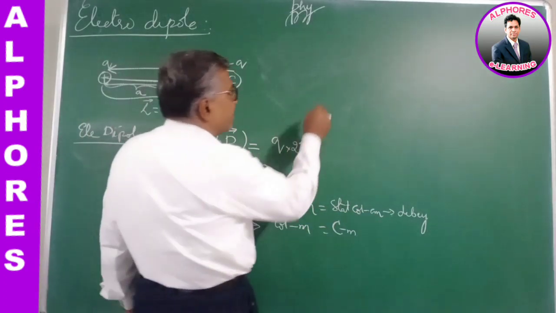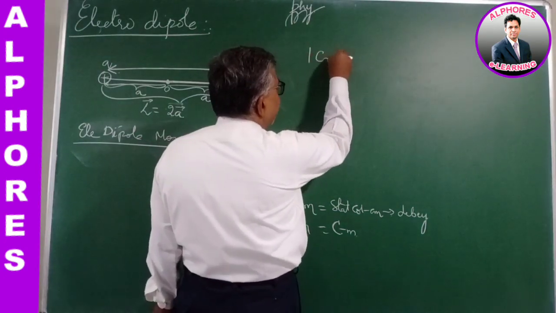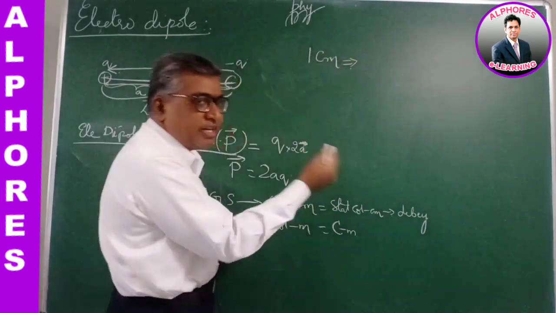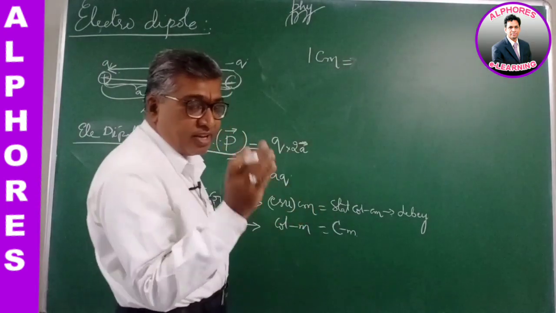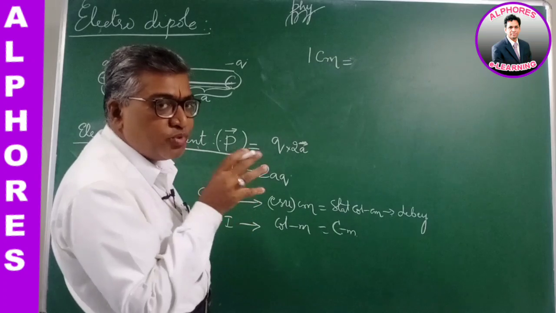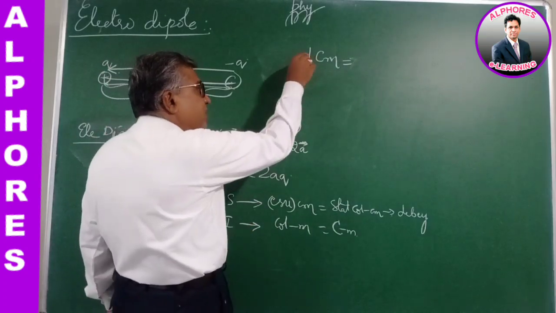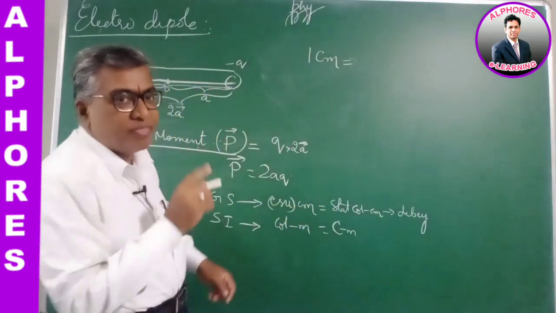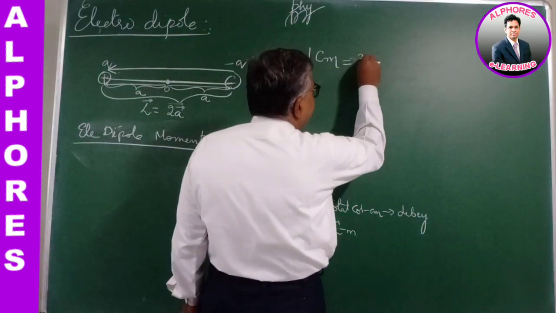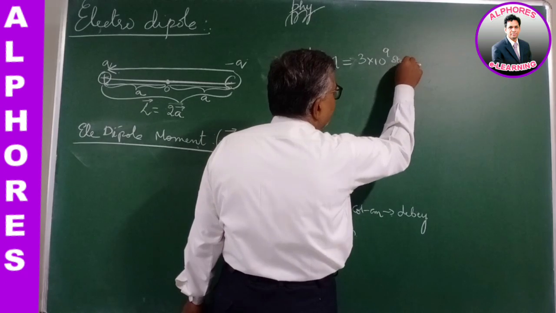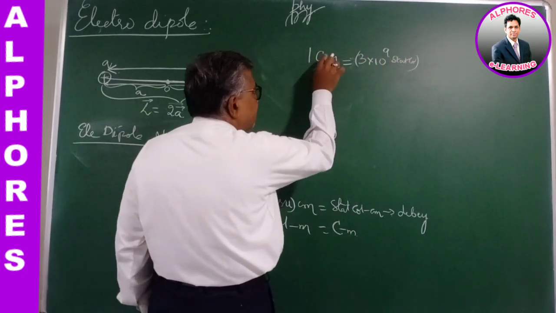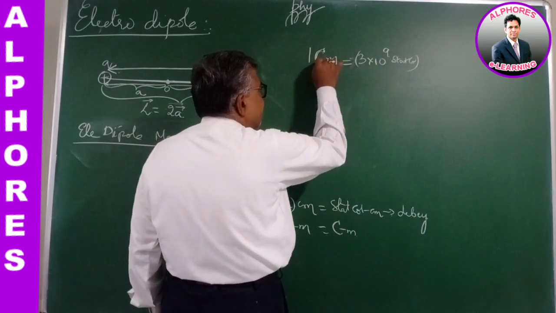The conversion: 1 coulomb meter is equal to how many CGS units? We learned while discussing the units of charge that the SI unit is coulomb and the CGS unit is stat coulomb. 1 coulomb is 3 into 10 to the power 9 stat coulombs. This is capital C, please don't get confused.